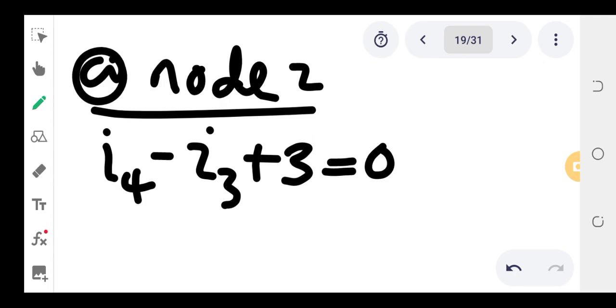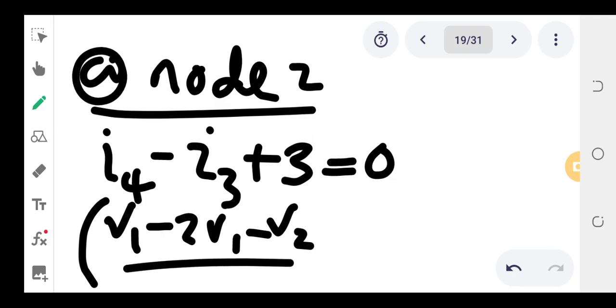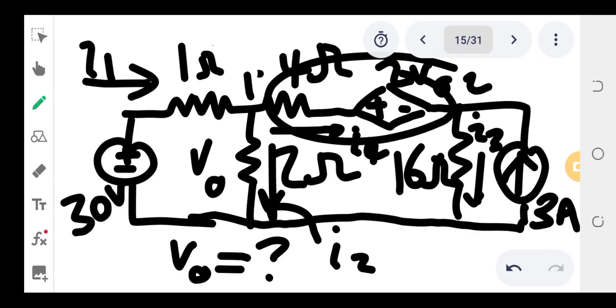So we know that I4 is simply equal to V1 minus V2 over 2. We are just borrowing a leaf from the assumption that we made earlier, from the current that we determined from this section.